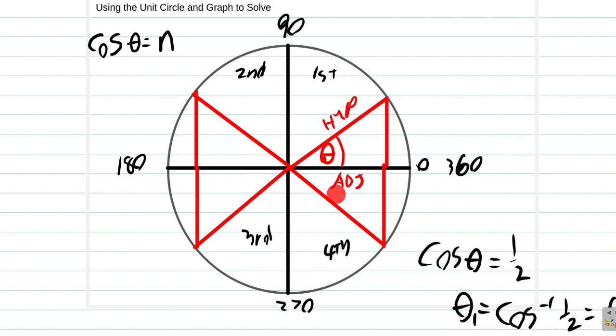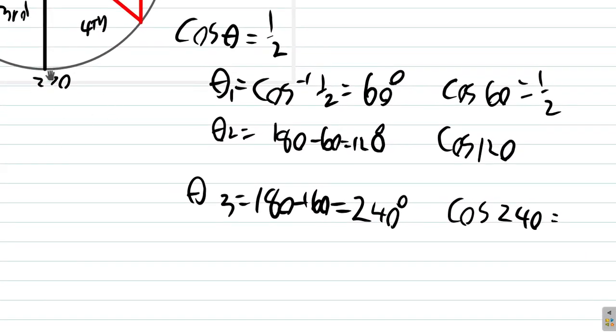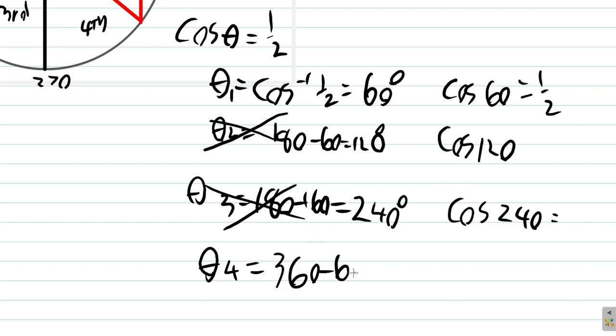All right, so finally, what about this one? Well, that angle, you have to go all the way around to 360, then you back off 60. So what about theta 4? 360 minus 60 is 300.